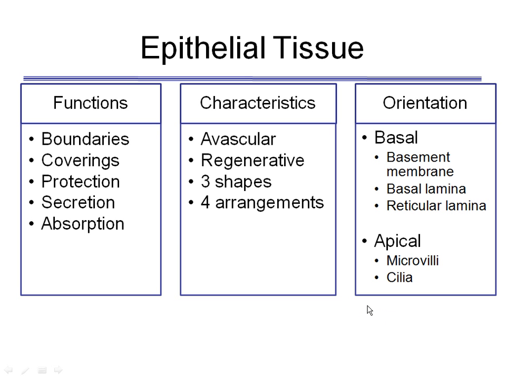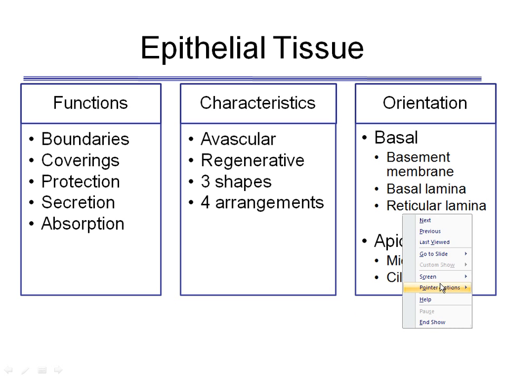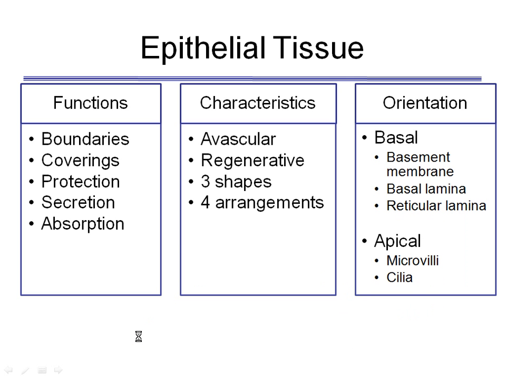Also with epithelial tissue, you are dealing with shapes of cells in arrangements. There are 3 shapes, and then there are 4 arrangements, and we'll look at those in a moment. Lastly, epithelial tissue has orientation. If I draw a line that represents a structure called the basement membrane, that's the deepest surface of epithelial tissue.